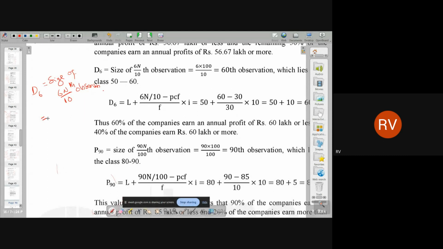D6 is equal to the 60th observation. That is, the location is the 60th observation.